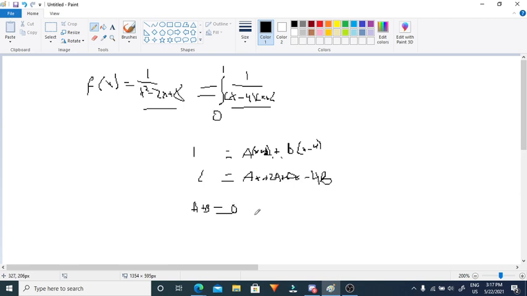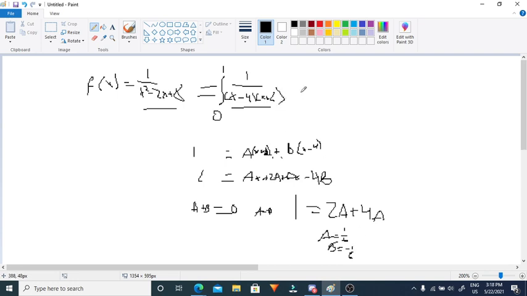Which means a equals negative b. And we can then substitute that in. And we're going to know 1 equals 2a minus 4b. But a equals negative b, so it's going to be just plus 4a. So a equals 1/6, and b equals negative 1/6.